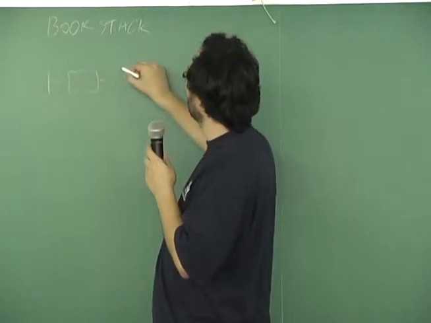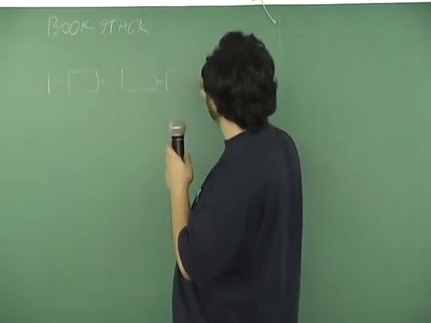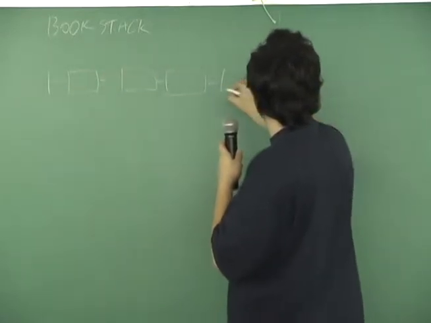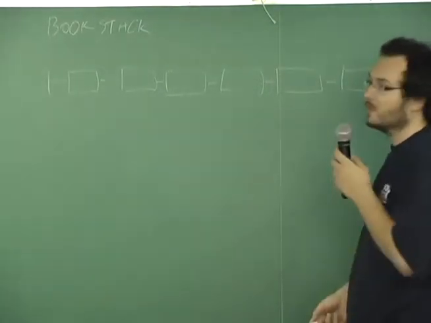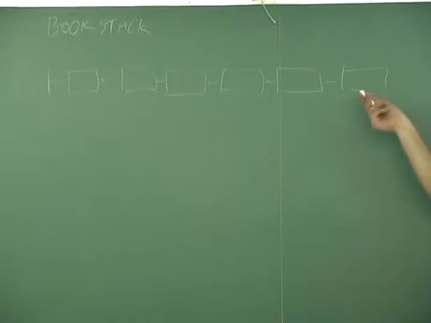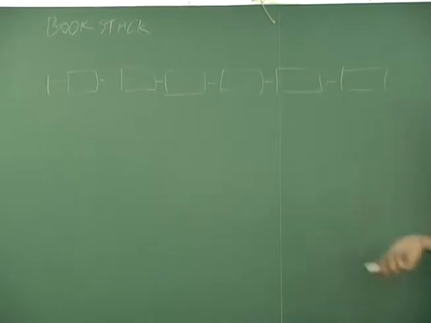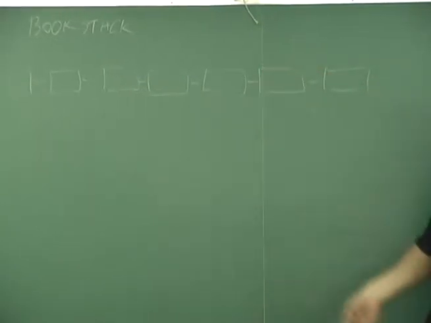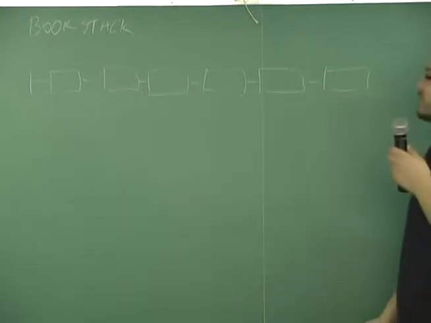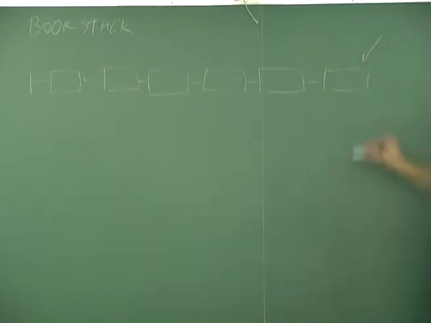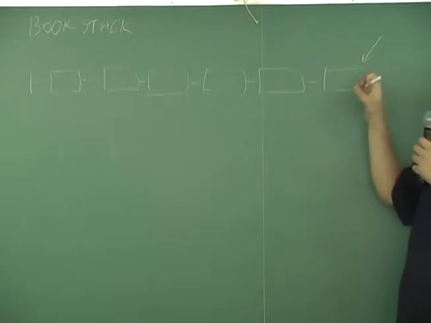So what we have is a stack of books, and we can represent it one possible way as a linked list. What we need to know about the stack of books are some pointers into the stack so that we can do each of the operations in constant time. And in this case, what we need is a pointer to the head of the list so that we can add new books onto the stack and we can remove books from the top of the stack.